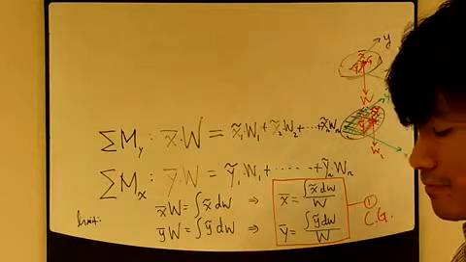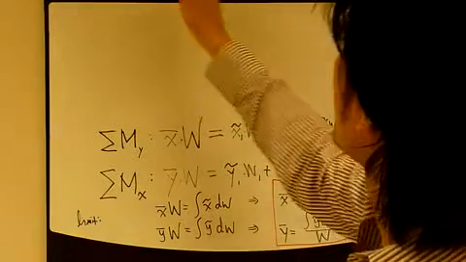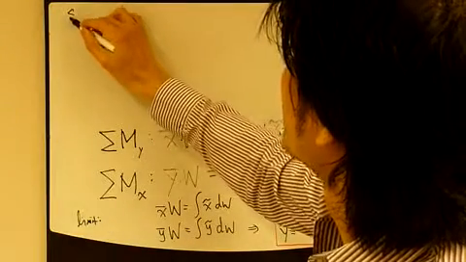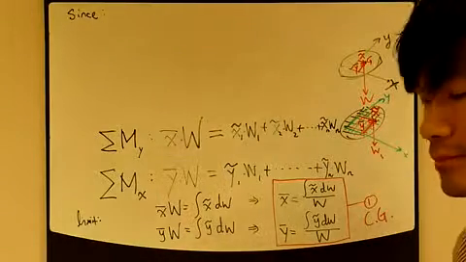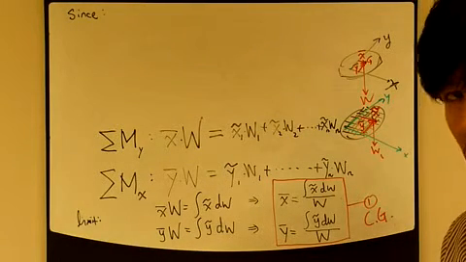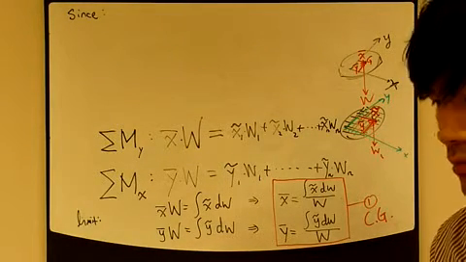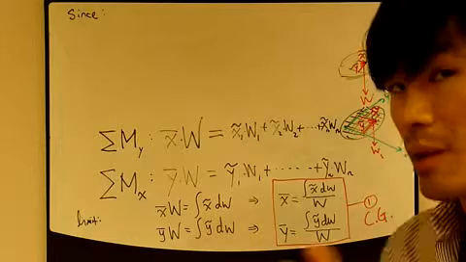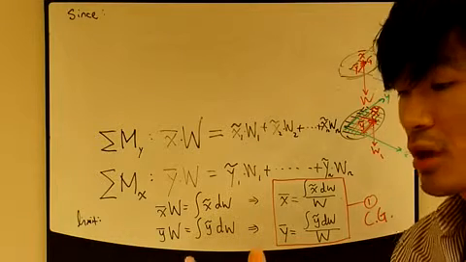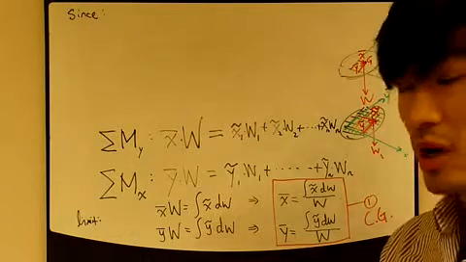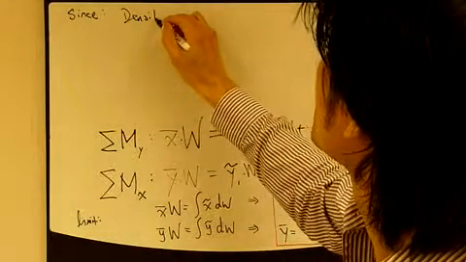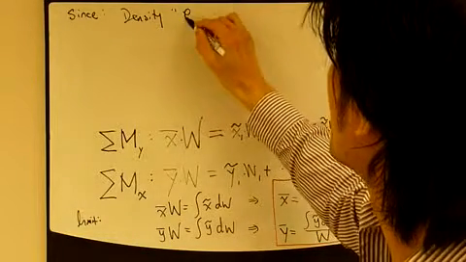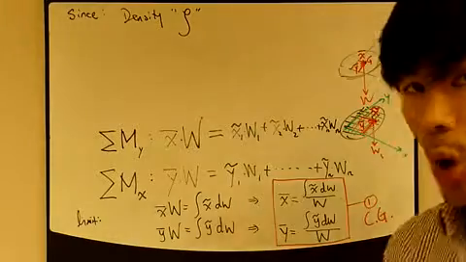But let's prove it. Now we'll talk about density. Material has material properties, and density is probably the most important material property. Density is a symbol of rho.